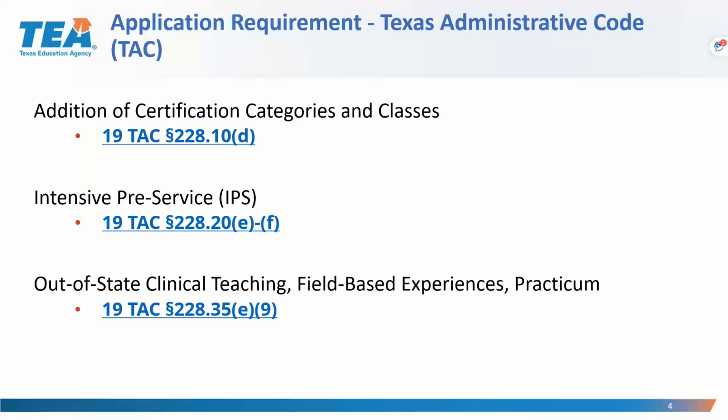The application requirement for intensive pre-service can be found in 19 TAC 228.20E and F, and is considered a program amendment. The out-of-state application reminders can be found in 19 TAC 228.35E9.